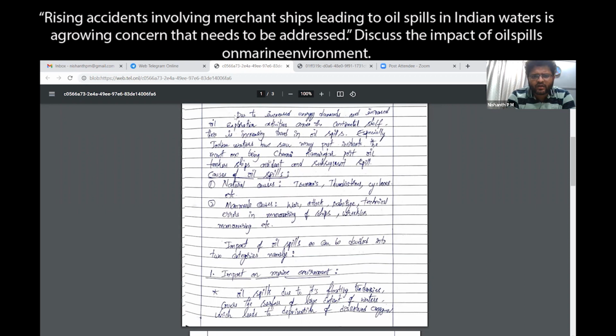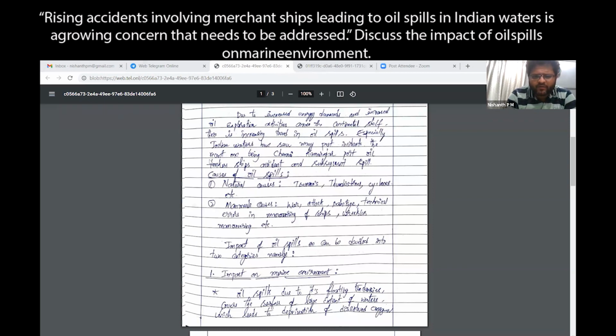You can cut short this. If you have written the reason behind the oil spills, this can be slightly trimmed, Prasad, if you are in the class. Because this is the core demand of the question.